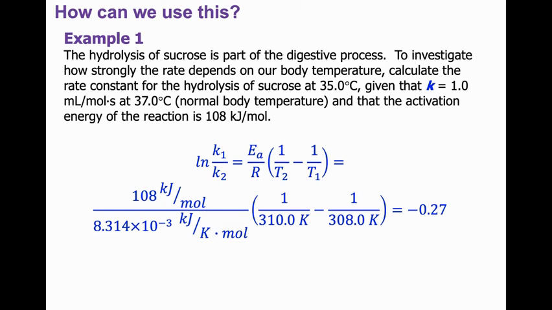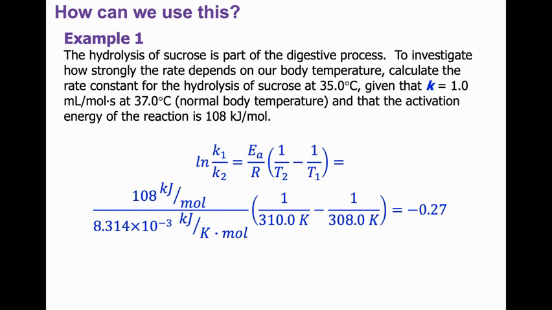We want to make sure our units cancel out here. That also means our temperatures are always in Kelvin. So our higher temperature here, 37 degrees or 310 Kelvin, minus our lower temperature, T1 of 308 Kelvin. If we multiply all that out, we'll get negative 0.27. So my natural log of K1 over K2 is equal to negative 0.27.